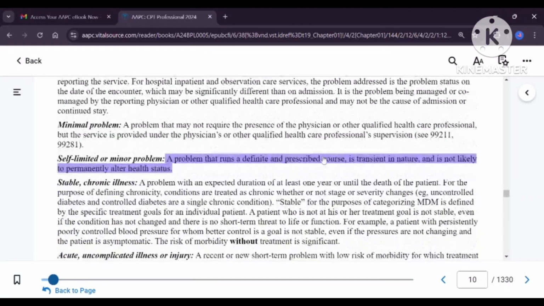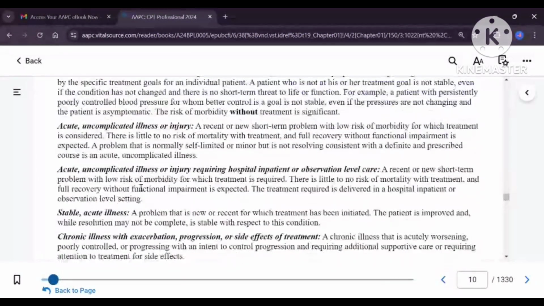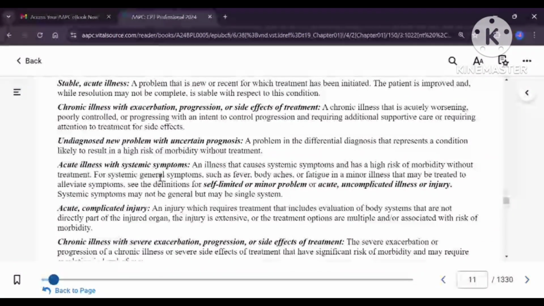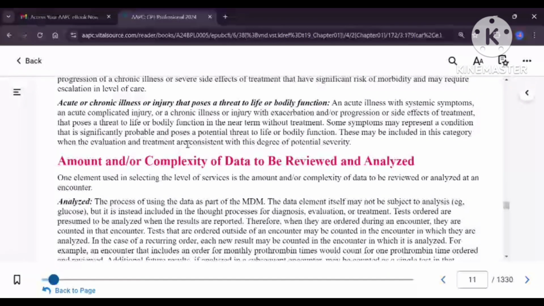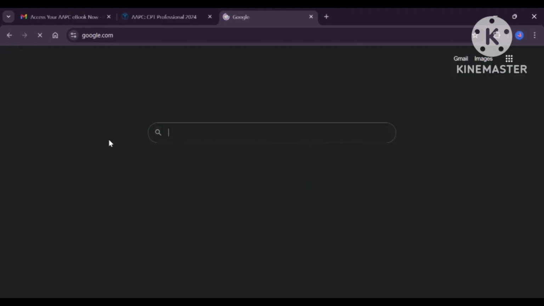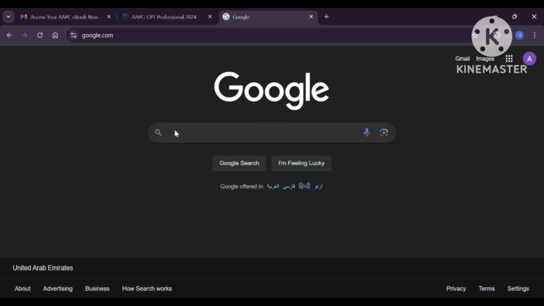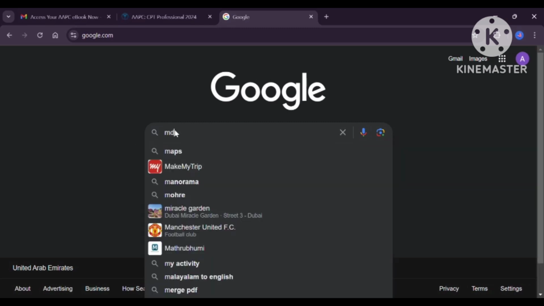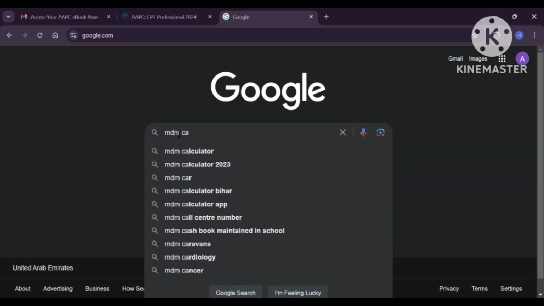Below this MDM table, you can see all the words that are given in the table with their meanings. You can read that and understand it, and you will get a better understanding of this MDM. And one more thing: on the AAPC website, they have a tool called the MDM calculator.